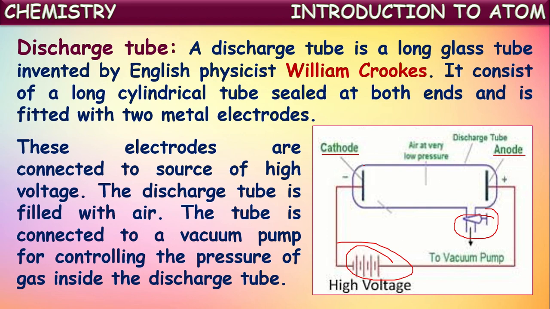It consists of a hard, cylindrical glass tube which is closed at both the ends, and two electrodes are introduced into it to pass high voltage current. And a vacuum pump is connected to control the pressure of the gas taken inside the discharge tube.